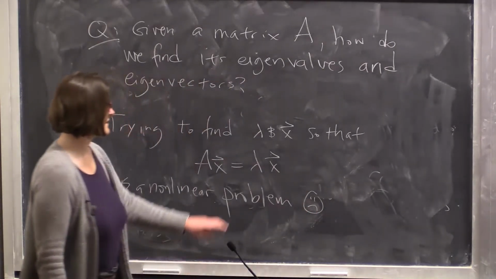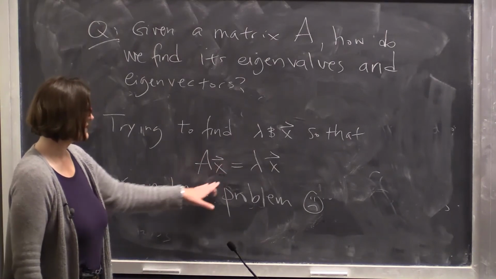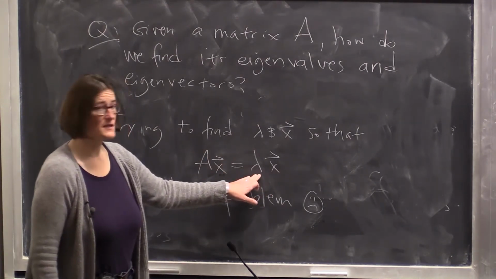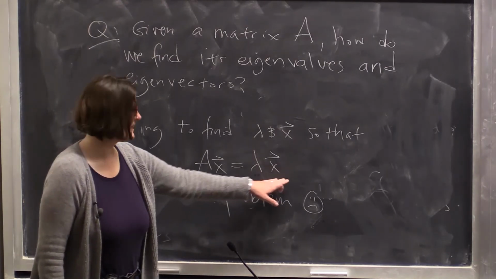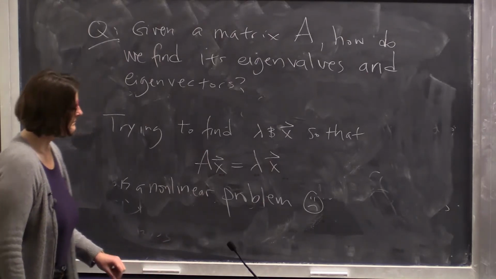You can see it's nonlinear because here x is the unknown. The left-hand side is certainly linear. But on the right-hand side, lambda is unknown, x is unknown. That right-hand side is quadratic. So this is a nonlinear problem.